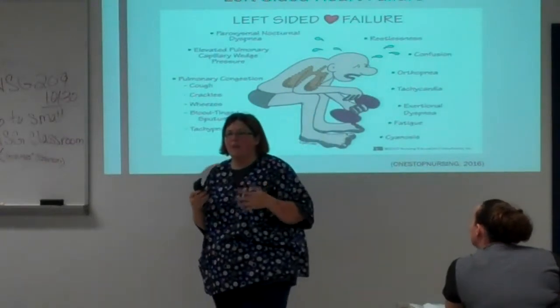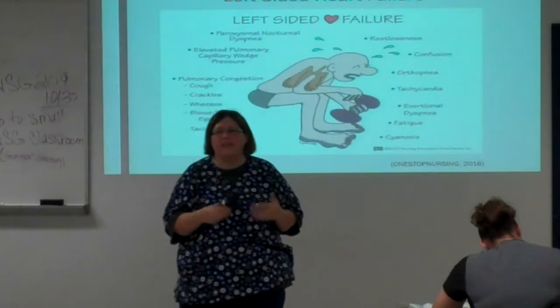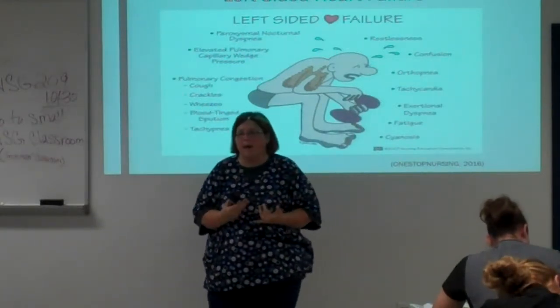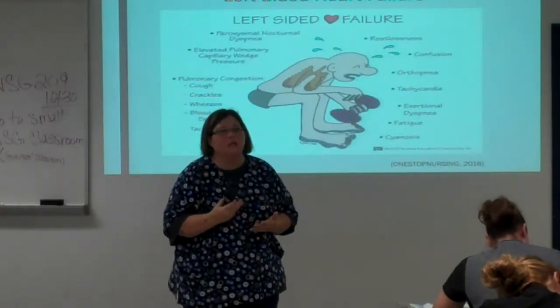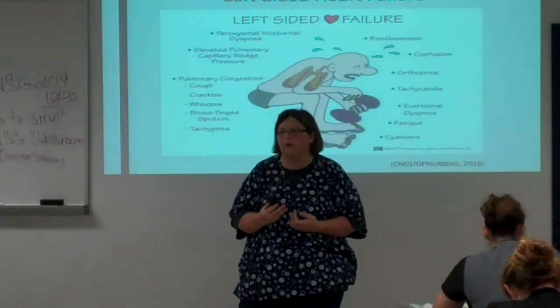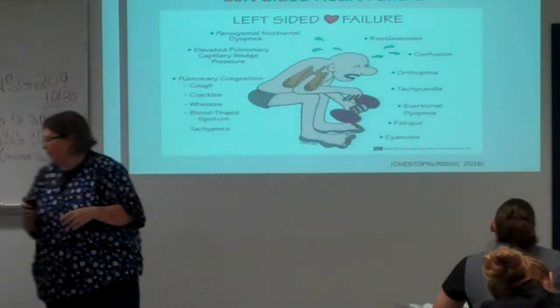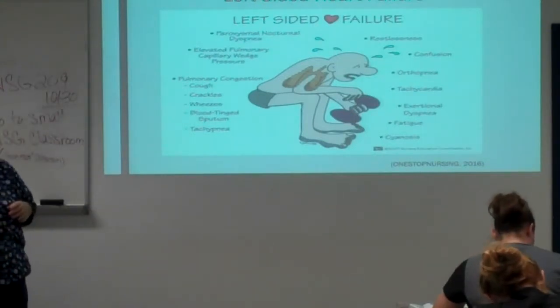If they are coughing up pink, frothy looking sputum, they're in pulmonary edema. That is an emergency situation where you need to get diuretics on board. You may need to get something to help them relax. Definitely oxygen on board. We need to get that fluid off of them. Pink, frothy.